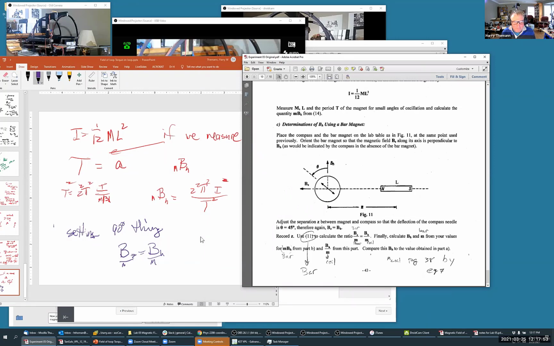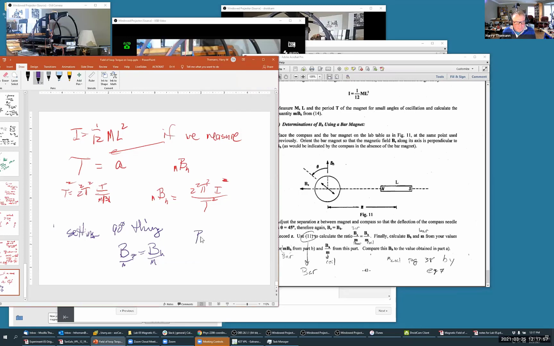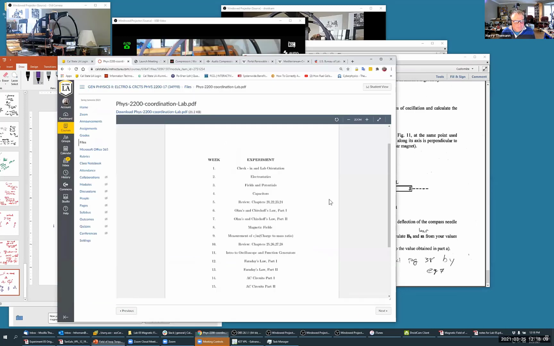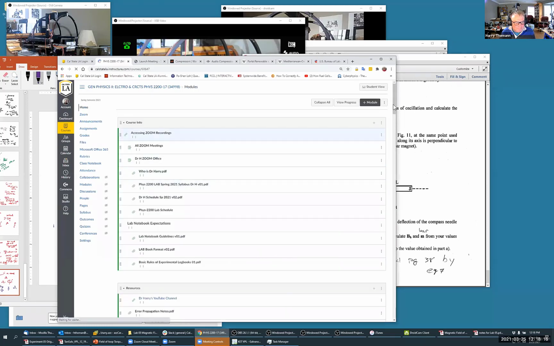But if we know both of these things, we can do some algebra to get rid of the M. So if you know BH over M, and you know M times BH, there's a way to get rid of the M, and I'll show you. I put the notes for that here. I'm going to leave that for you guys to figure out after we measure the other numbers we need.